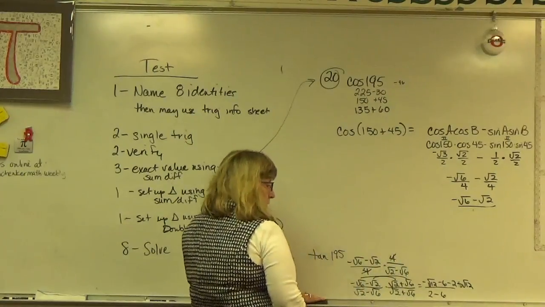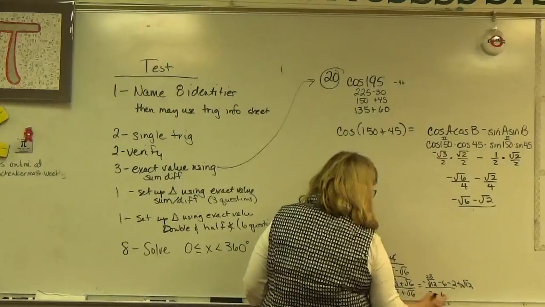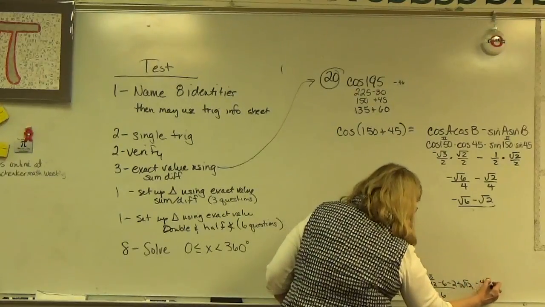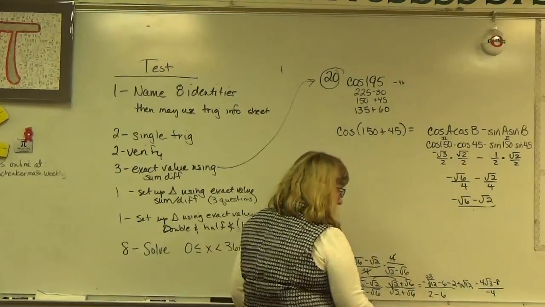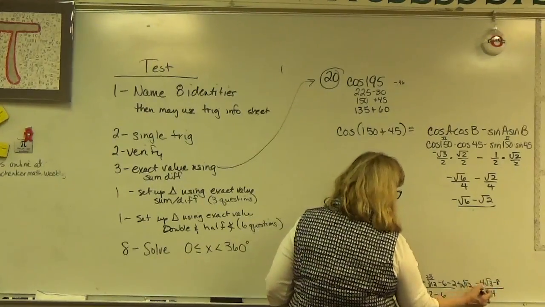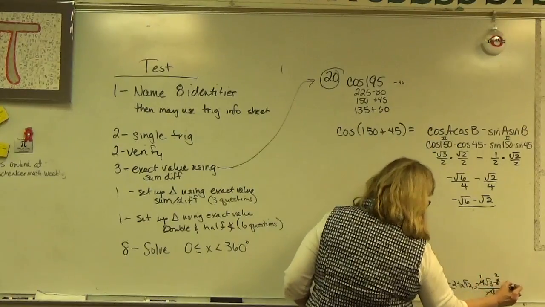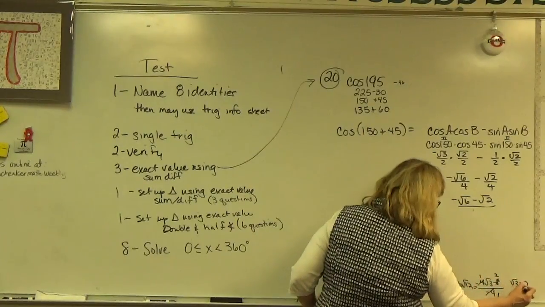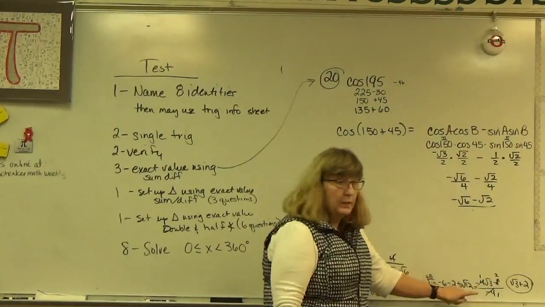And radical 12 simplifies to 2 radical 3. So we're gonna end up with a negative 4 square roots of 3 minus 8 over a negative 4. And then everything you can divide by negative 4. So it's gonna be square root of 3 plus 2. Negative divided by negative would be positive.